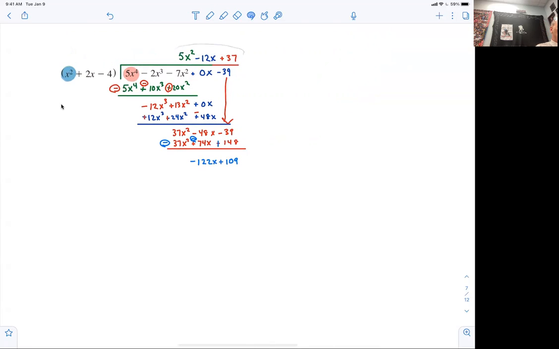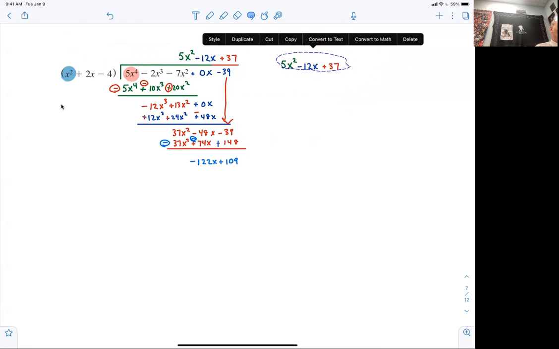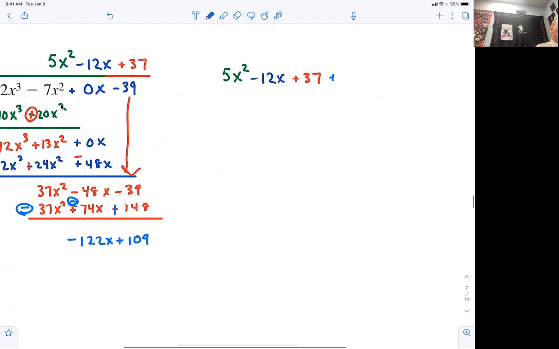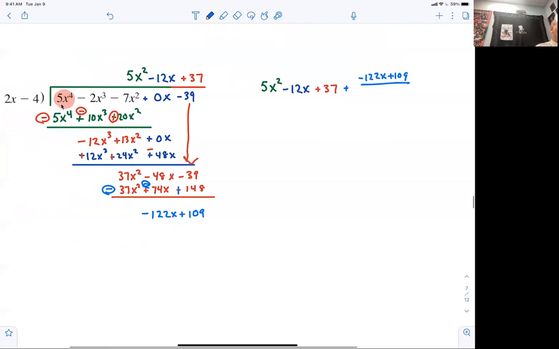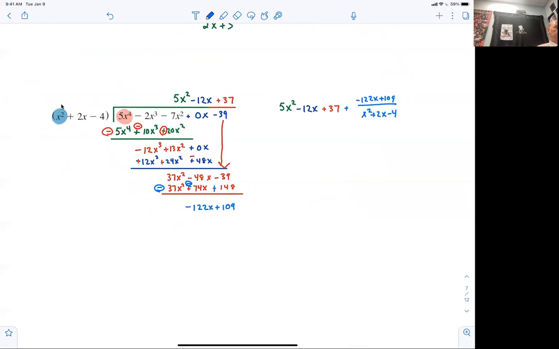Well, we can just duplicate. And then we would say plus negative 122x plus 109 over x squared plus 2x minus 4. Everybody good with that?